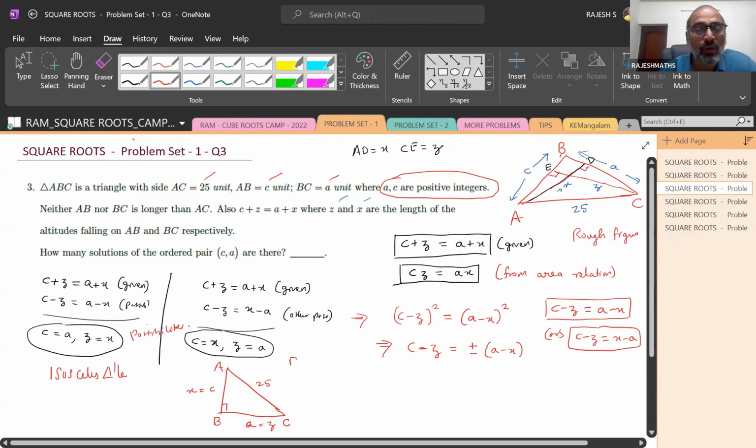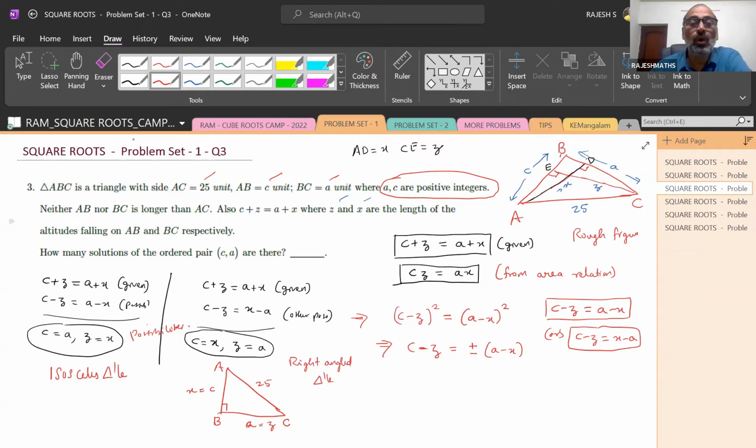Then you may have to go for the isosceles triangle. So for the isosceles triangle, you know that neither AB nor BC is longer than AC. Okay, that is given. Therefore, it can take values.